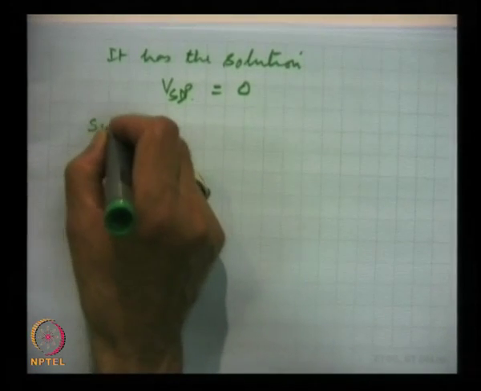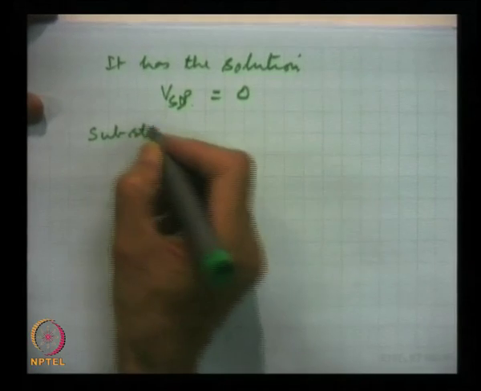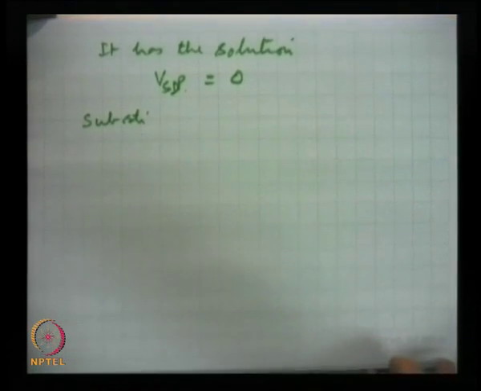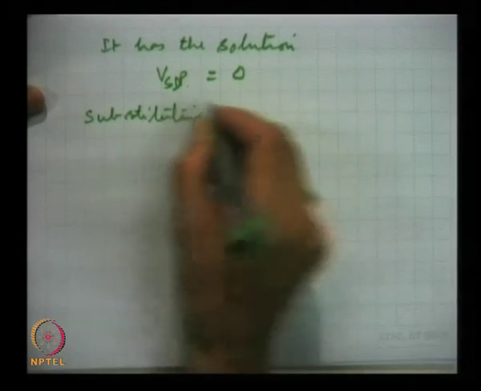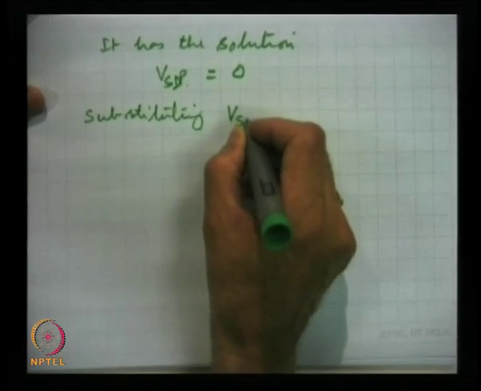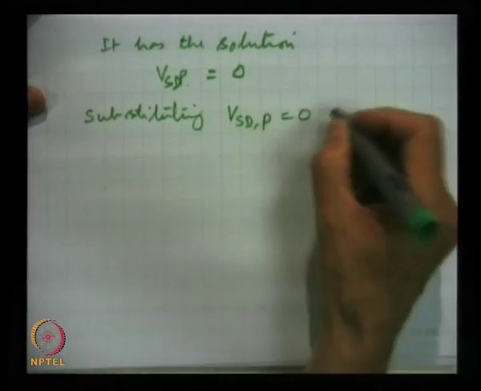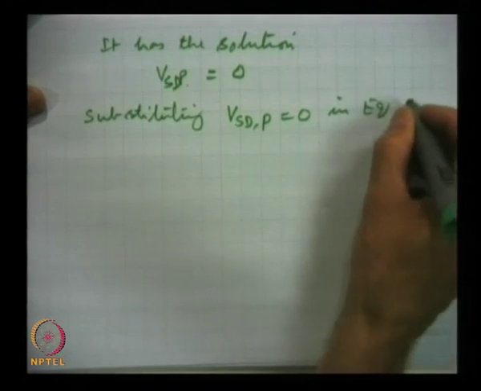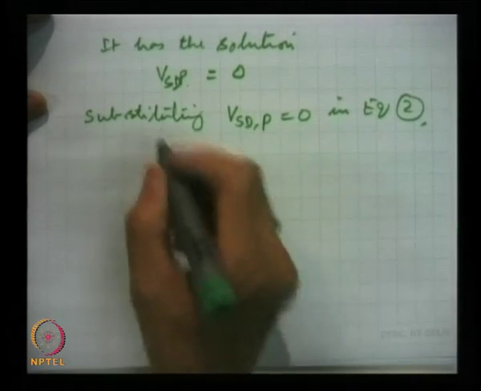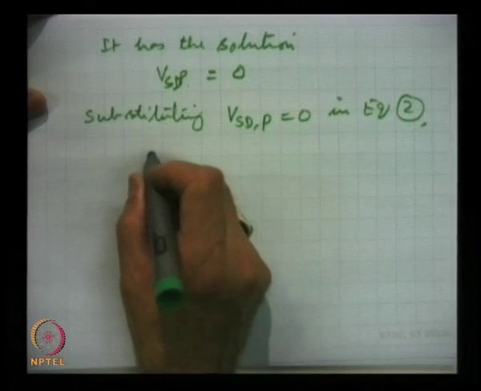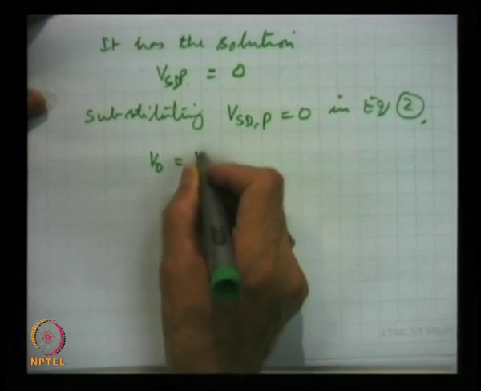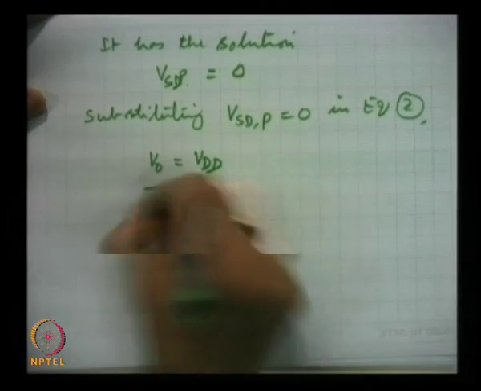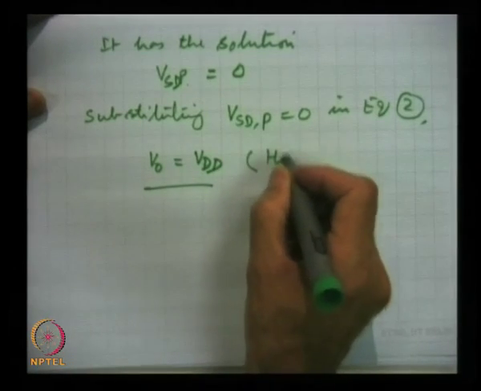Substituting VSDP equal to 0 in equation 2, we have Vout equal to VDD, that is high.